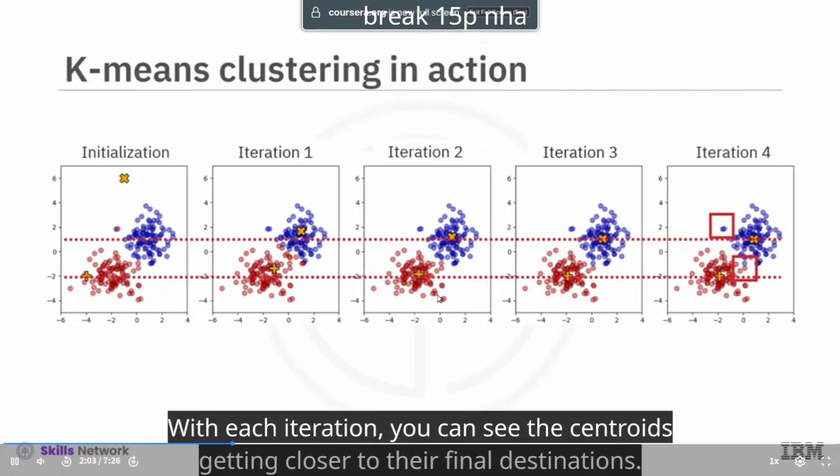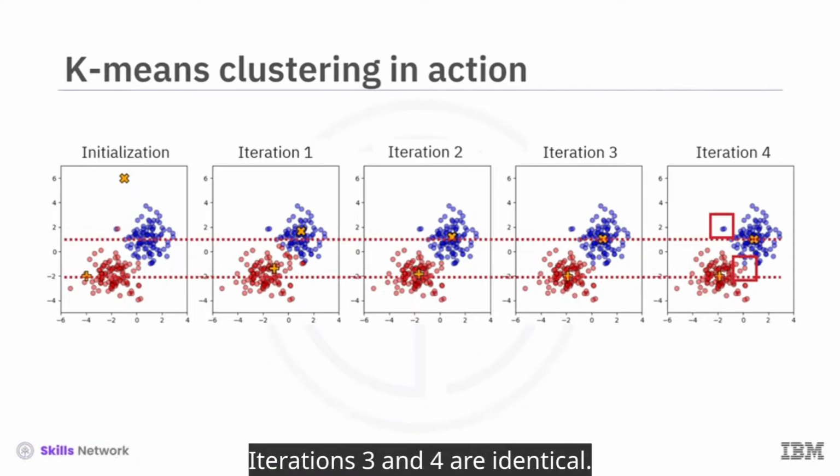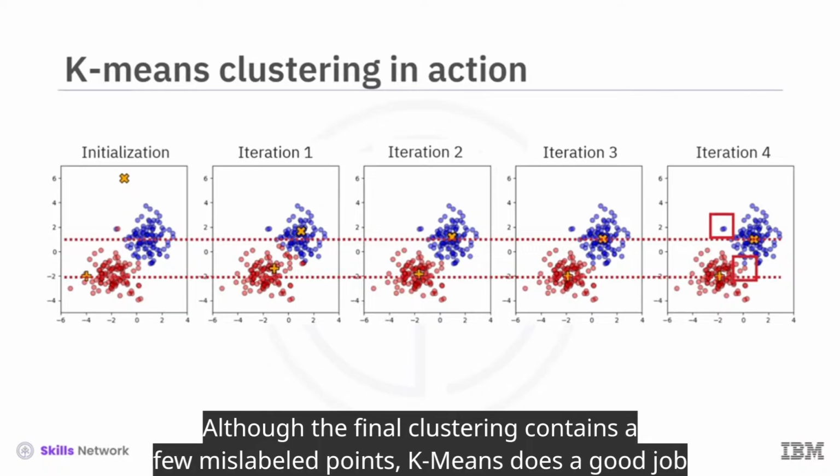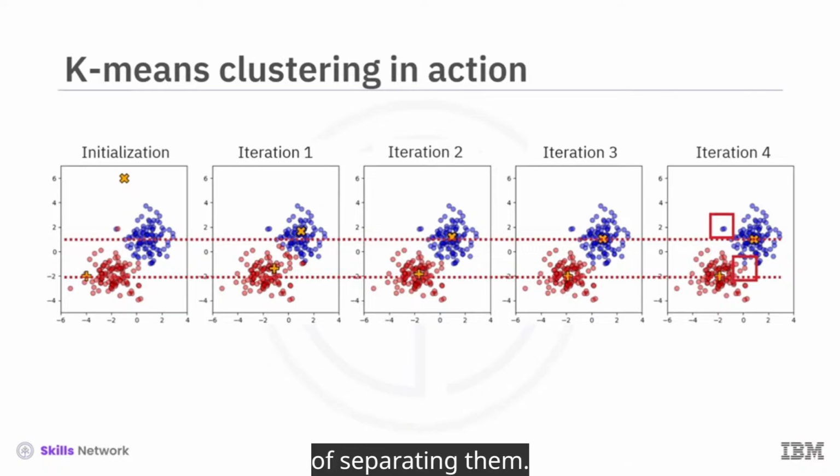With each iteration, you can see the centroids getting closer to their final destinations. Iterations 3 and 4 are identical, thus, k-means have already converged by iteration 3. Although the final clustering contains a few mislabeled points, k-means does a good job of separating them.